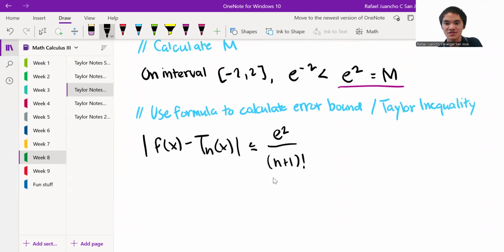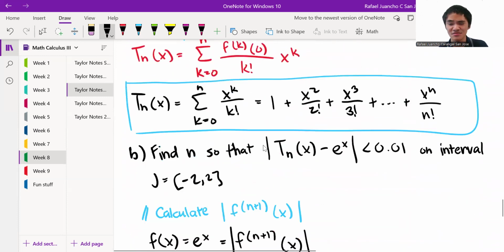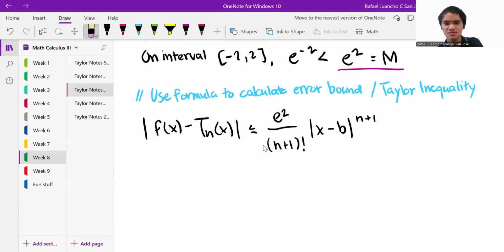So now we're going to focus on this thing, n plus 1. Okay. And then I basically just plug in, right? I plug in my b, which is, I believe, 0. Yeah, so this is just going to be this thing.